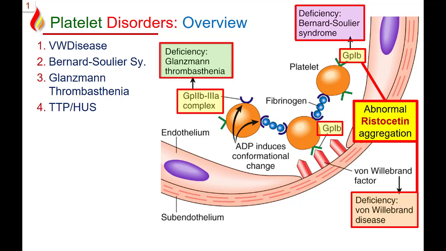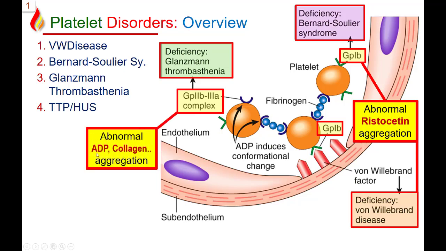Glanzmann thrombasthenia is detected in the laboratory by abnormal ADP, adenosine diphosphate, or collagen, or thrombin compounds. So in patients with Glanzmann's, ristocetin will be normal, whereas ADP aggregation will be abnormal.